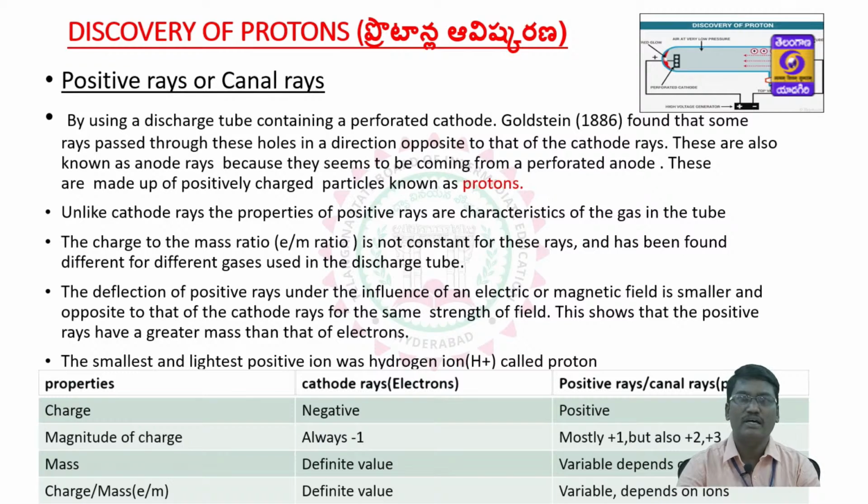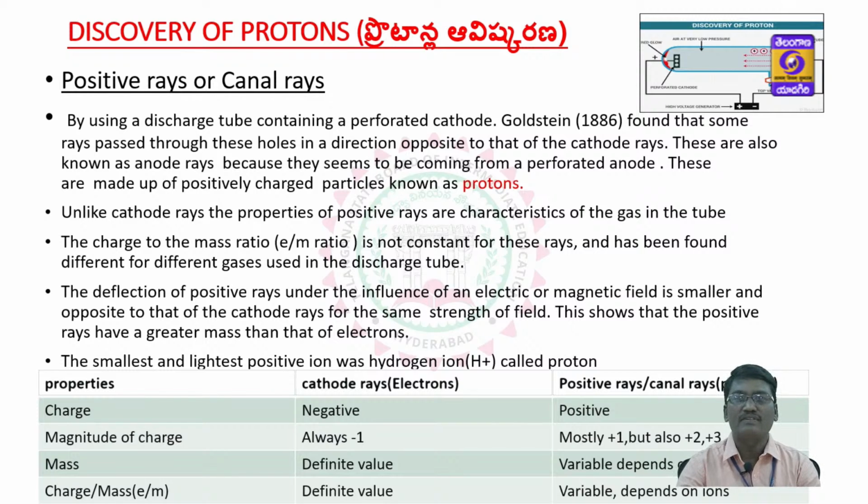That difference you have to notice. The charge to mass ratio, e/m ratio, is not constant for these rays because they depend on the gases. The e/m ratio is found to be different for the different gases used in the discharge tube.